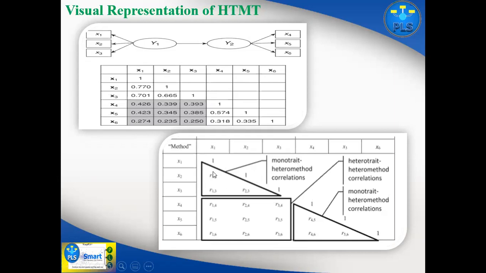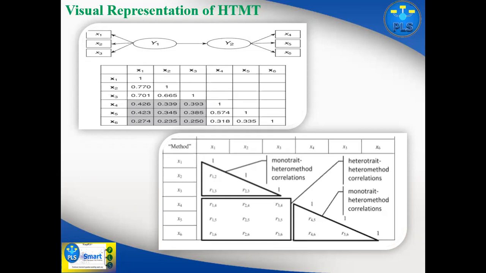When you look at figure 2, the first one is monotrait, because the items of Y1 are X1, X2, X3. And by definition, when you are using reflective indicators, all the items should have high correlation.